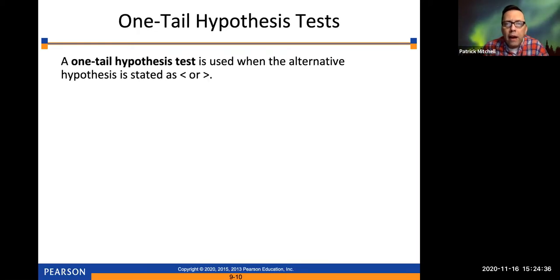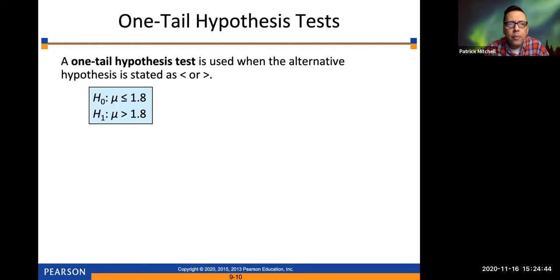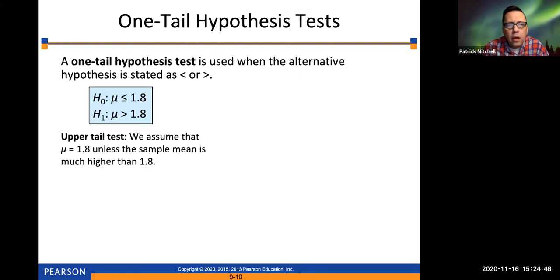A one-tail hypothesis is used when the alternative hypothesis is stated as less than or greater than. This is an example of an upper tail test. We assume that mu equals 1.8 unless the sample mean is much higher than 1.8, specifically higher.